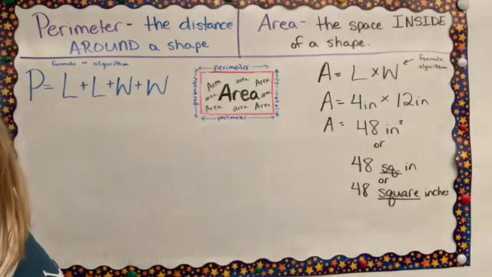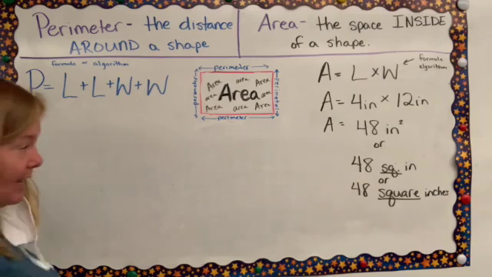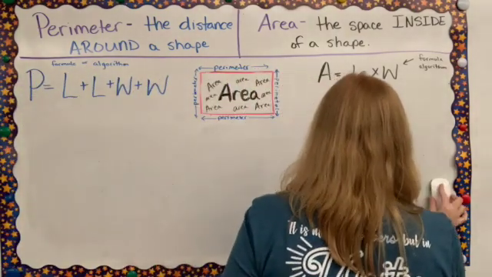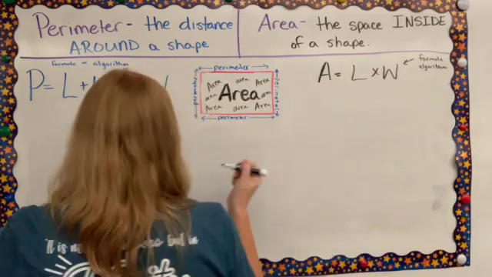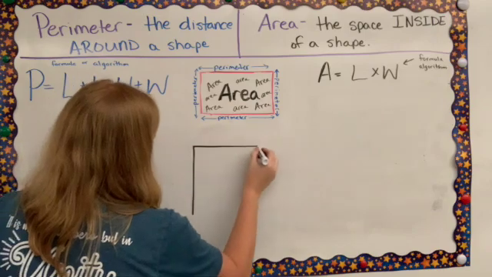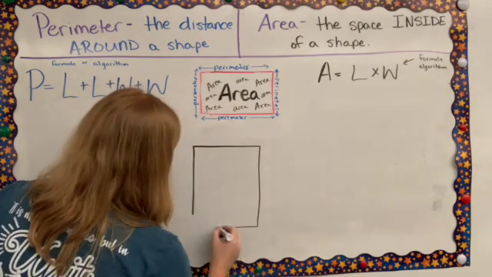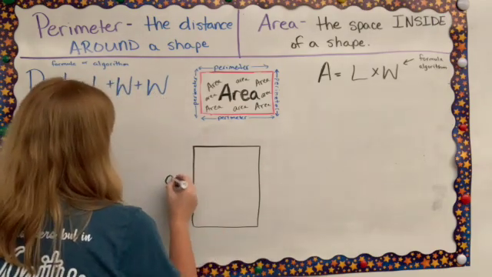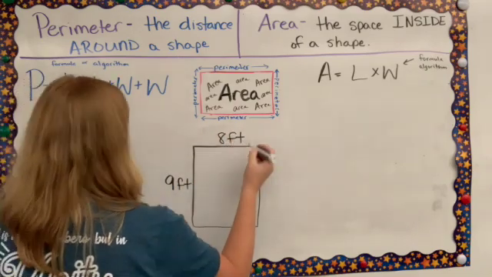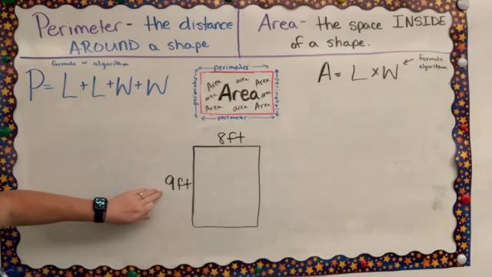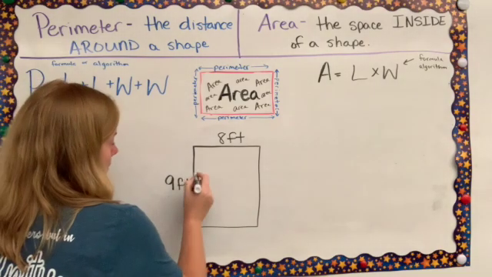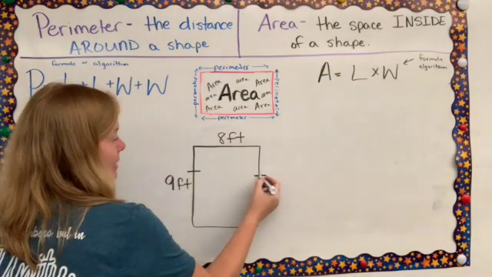The last one we are going to do is a 9 by 8. Nine feet by 8 feet. All right, what do I know? If this side is 9 feet, then so is this one.